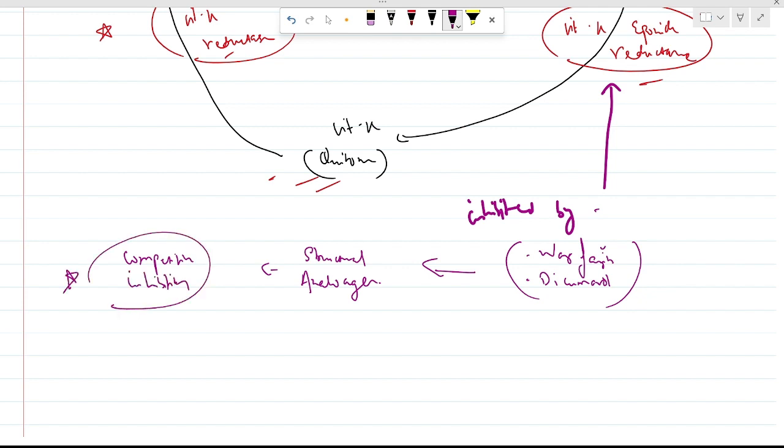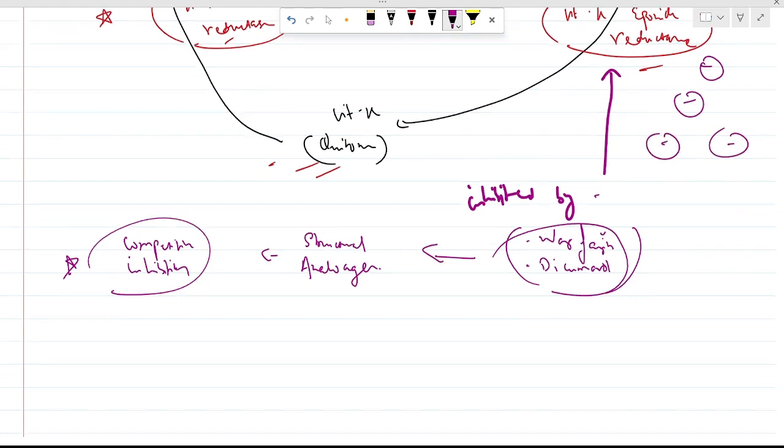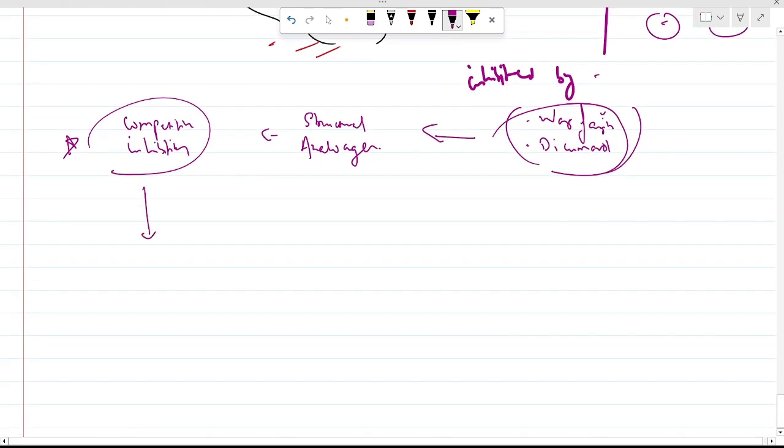Very, very important. So warfarin and dicumarol cause competitive inhibition of vitamin K epoxide reductase, which leads to prevention of gamma carboxylation of proteins.